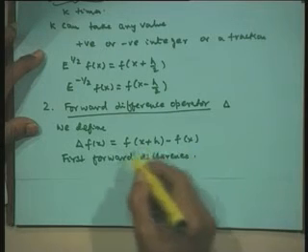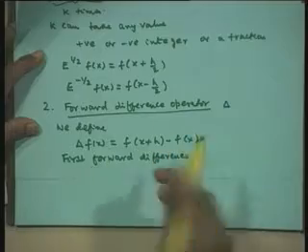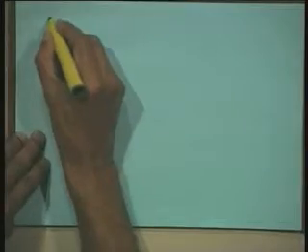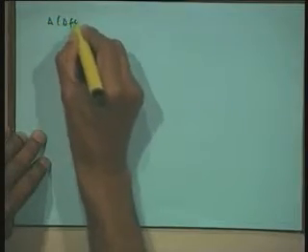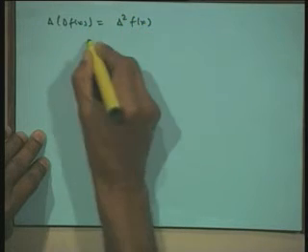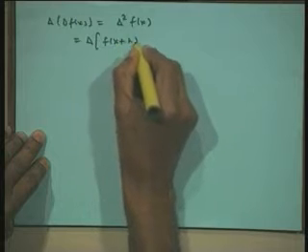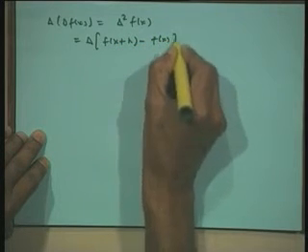Similarly, we can define higher order forward differences, that is the second forward difference, third forward difference, and so on. Let us see the expression for the second forward difference. I write delta of delta f x is delta squared of f x, that will be delta of f of x plus h minus f of x.